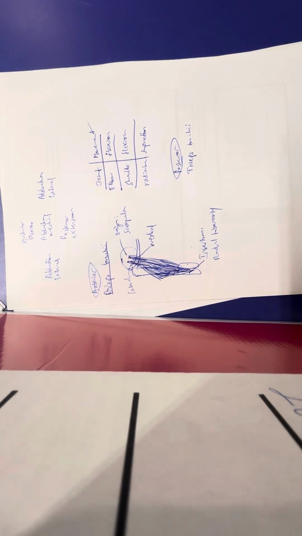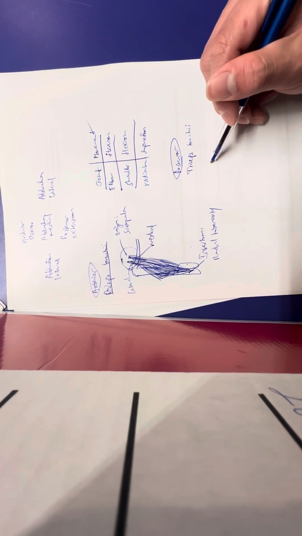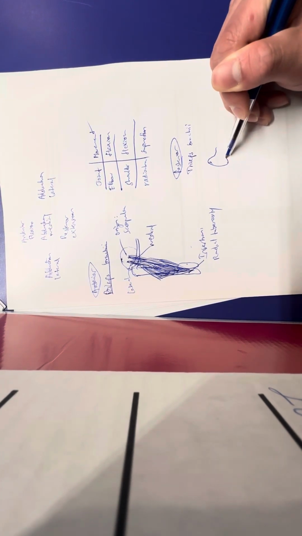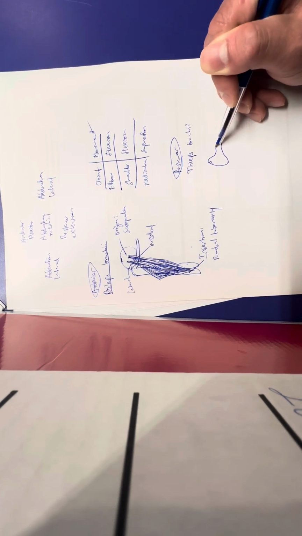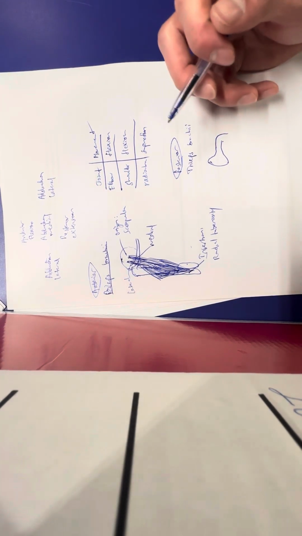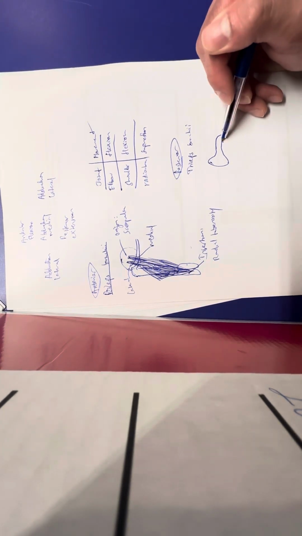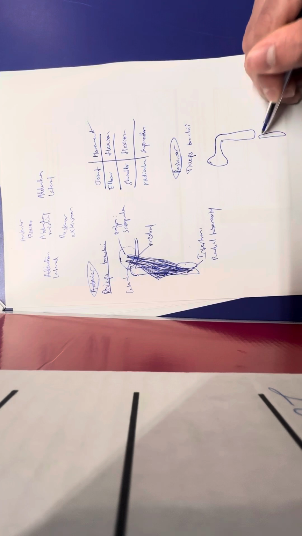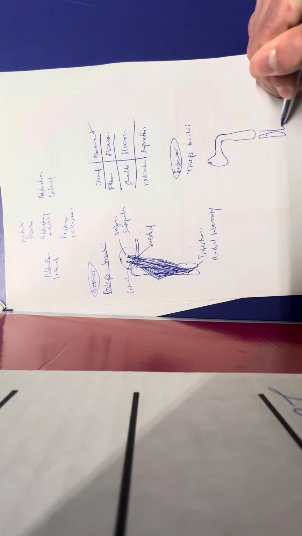What my diagram will look like is it will look like it has 2 heads, but in reality it will have 3 heads, and I'll show you in just a minute. This is still a humerus. This is your ulna, and this is your radius, right?